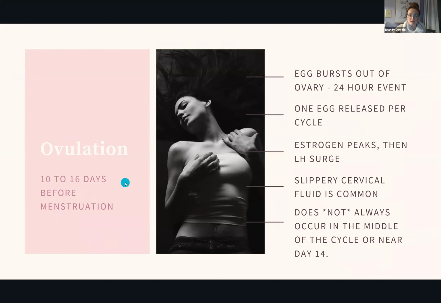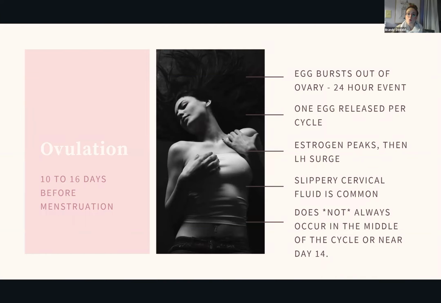The important thing with ovulation is that once ovulation happens, your period arrives in a healthy cycle 10 to 16 days later. So that's how I like to use the definition of where it happens in our cycle. It's not dependent on the cycle day number. It's dependent on how far away from menstruation this event took place.